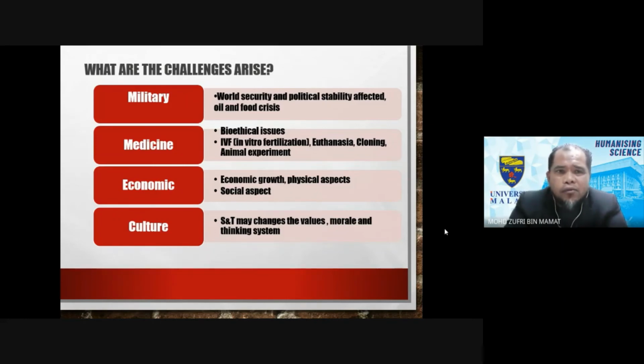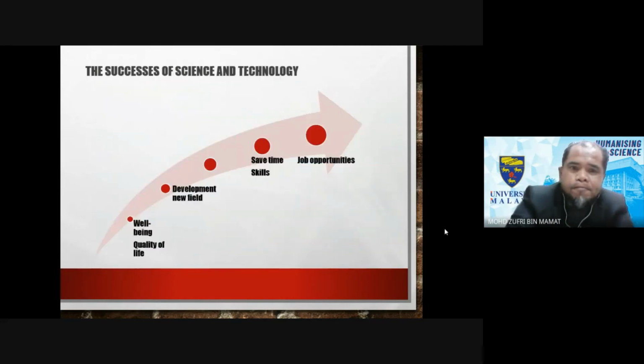In terms of military, medicine, economic, culture, we are facing, for example, world security and political stability, bioethical issues, economic growth, sustainable development issues, and social aspects such as the gap between the rich and poor. And in terms of culture, science and technology may change the values, the morals, and the thinking system of the society.